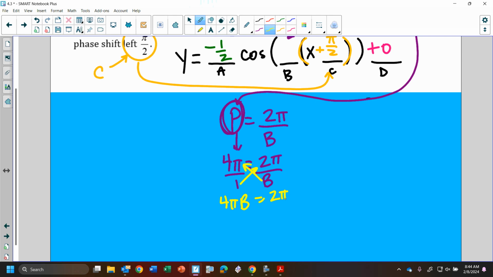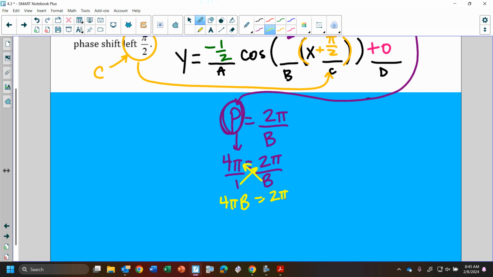Trying to solve for B. Get B by itself by cross multiplying it. So as I've cross multiplied, does everyone agree with my yellow work so far?